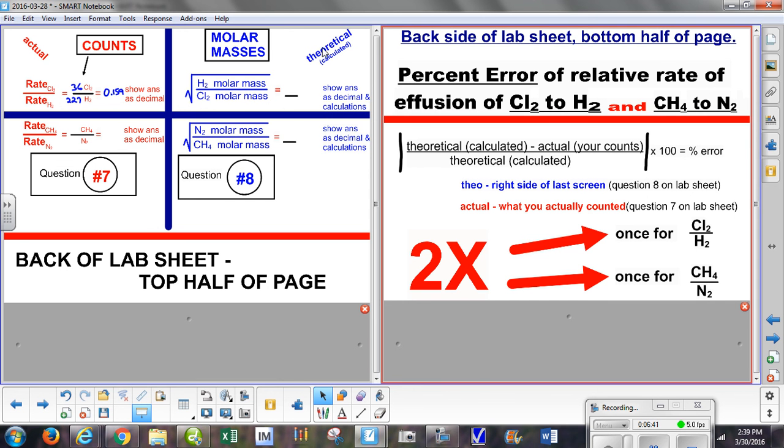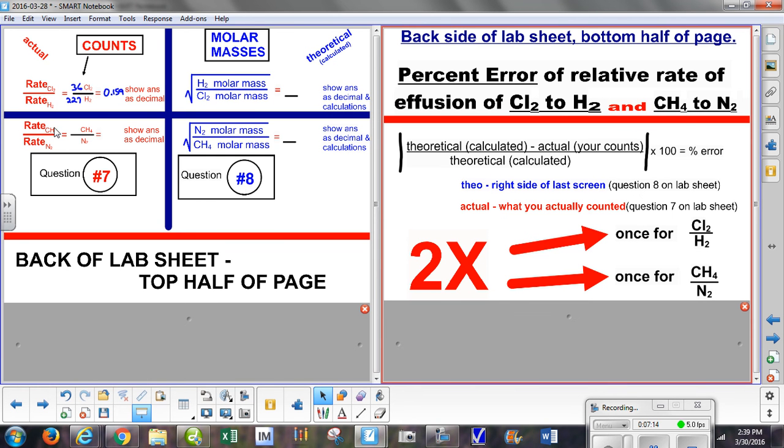Because you're doing two different ratios, there's a ratio here of chlorine to hydrogen, and there's a ratio here of methane to nitrogen. Each of those will have a percent of error, because we're going to have rates for methane, nitrogen, and we're going to have molar masses being the basis of calculation for the relative rate on the right side of Graham's law, right?